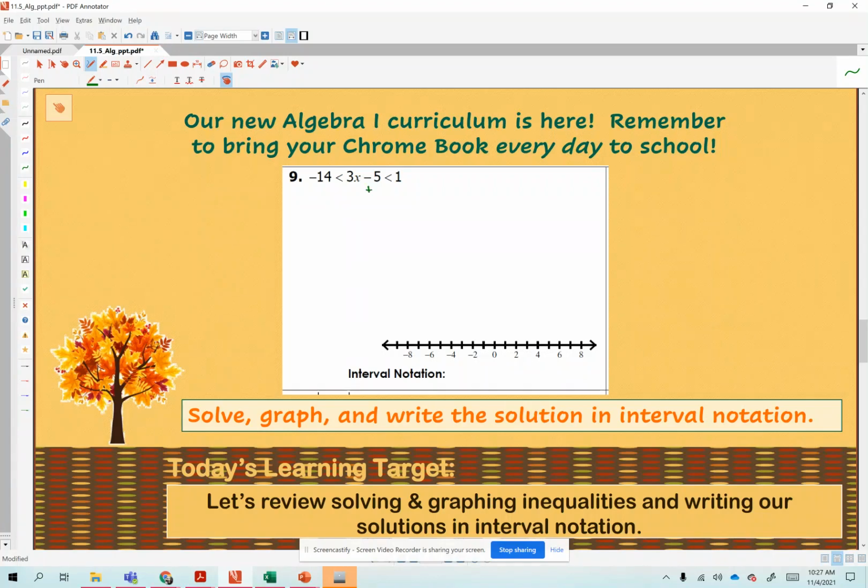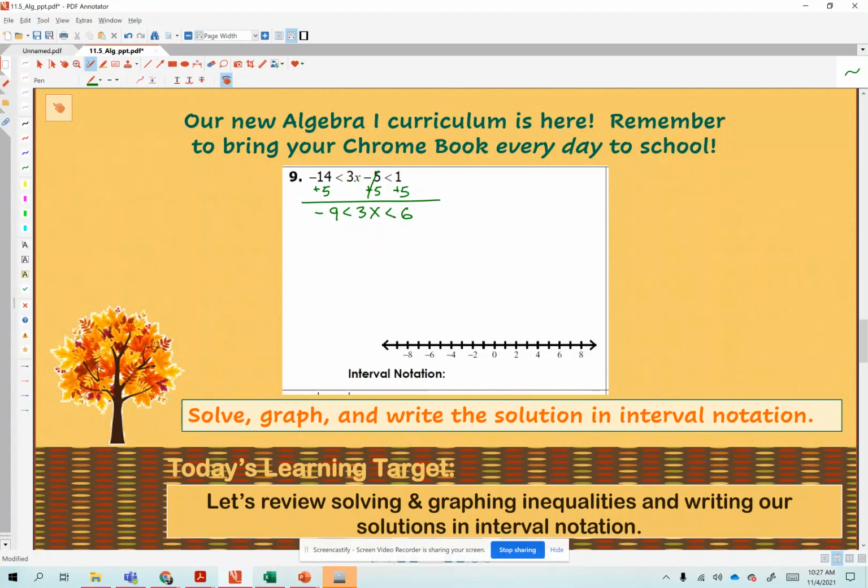So let's add 5, which will give us negative 9 is less than 3x is less than 6.